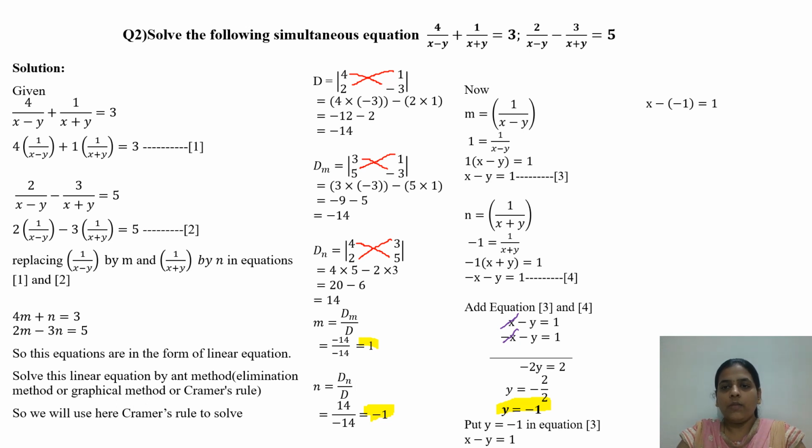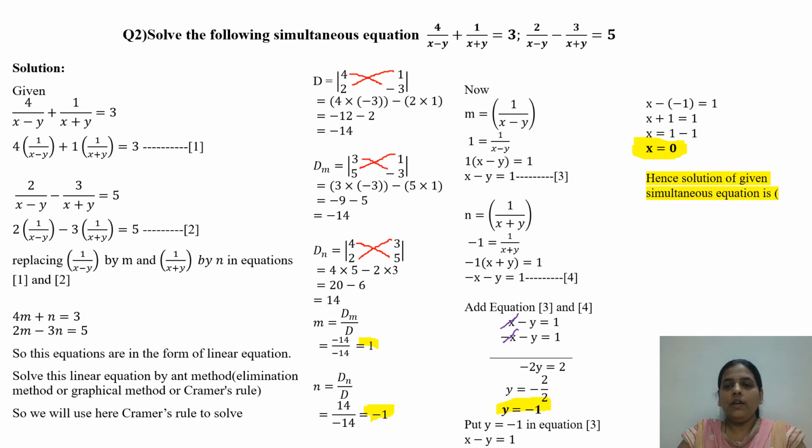So x minus in bracket minus 1 is equal to 1. Then minus and minus converted to plus sign, that is x plus 1 is equal to 1. Next, x is equal to 1 minus 1. Therefore x is equal to 0. Correct? So this is your value of x variable.